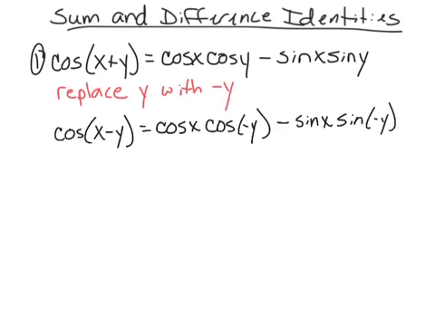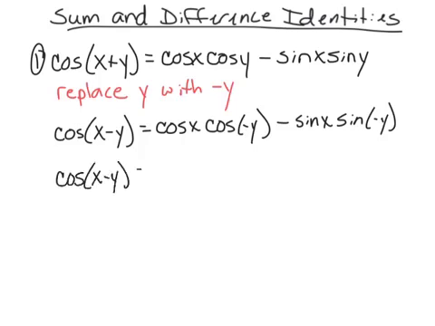So in the previous lesson we talked about the symmetric identities, and we're going to use those now, because we learned that the cosine of negative y is going to be the same as the cosine of y. The sine of negative y is going to be negative sine of y. So this is going to lead us to our next identity. We'll do it in a couple steps though.